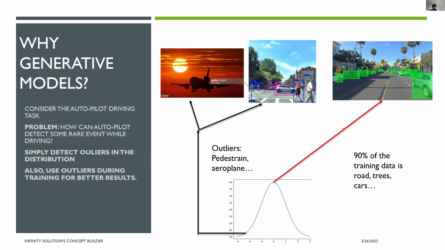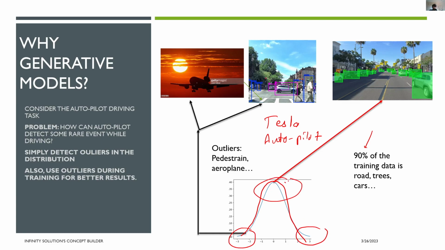Now, why generative models? For example, let's say we have a Tesla autopilot task. Most of the training data will be of autonomous driving cars, roads, trees or buildings. Let's say we have learned this distribution. We know that the tails are the outliers, and in between is our actual data. While having such a task at hand, we know what the outliers can be.